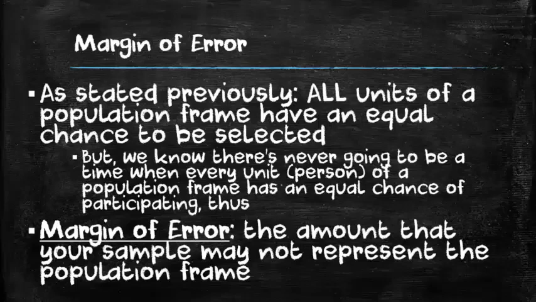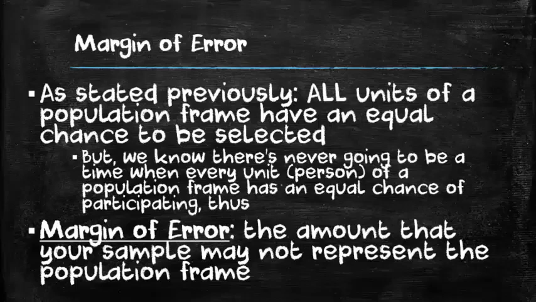But, as I said, we know that there's never going to be one exact moment in time when every single unit of a population frame has an equal chance of participating. As I said, some people die, some people are born, people move away, people move in, so there's never a time when we can be absolutely 100% sure that our sample represents the population frame, and that's what causes a margin of error.